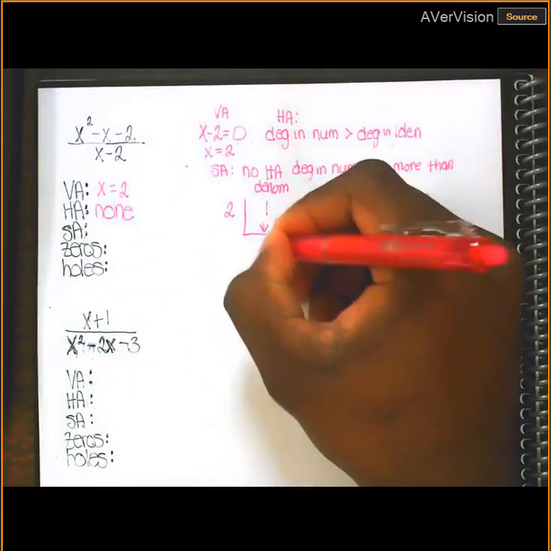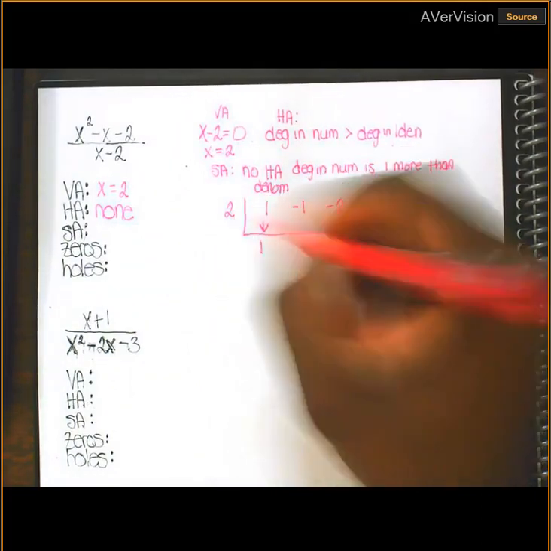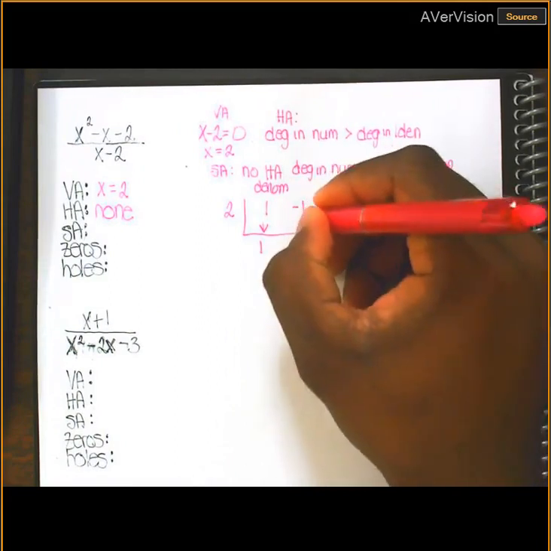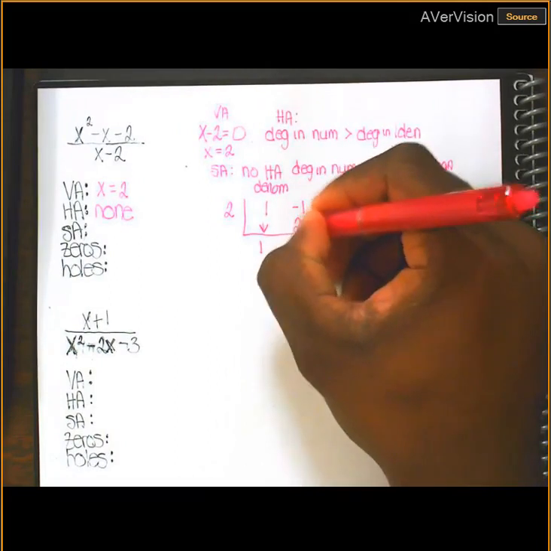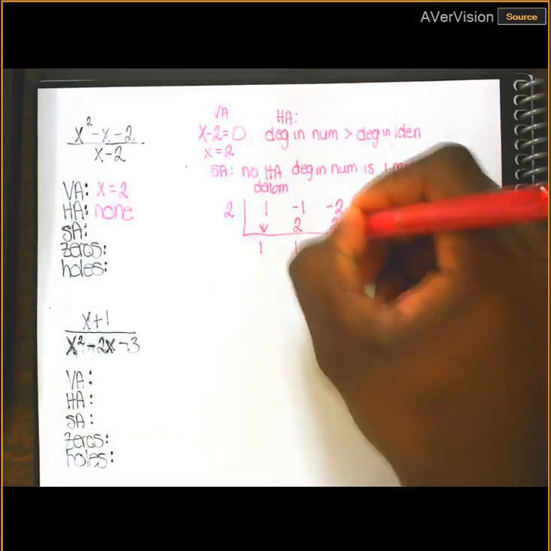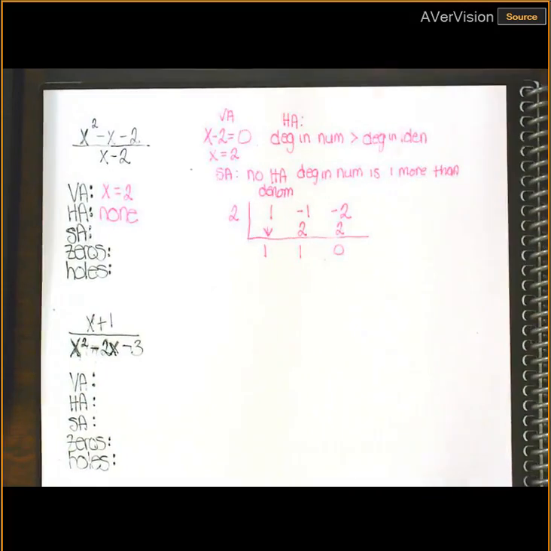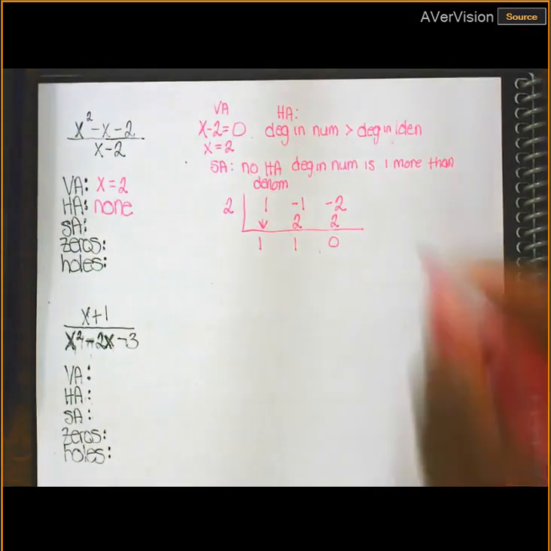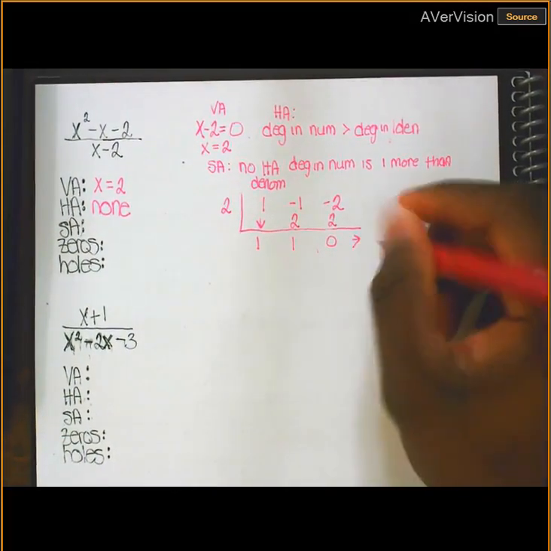First thing we do, we bring it down and then multiply. And we add, multiply. And now we bring back our variables.